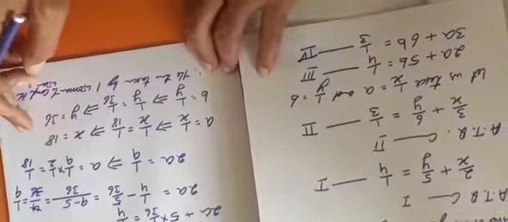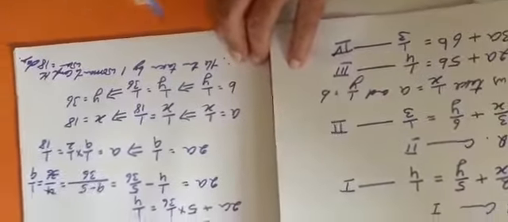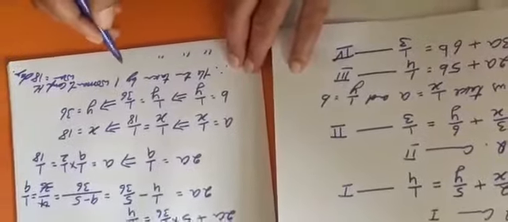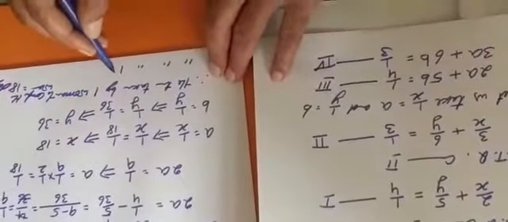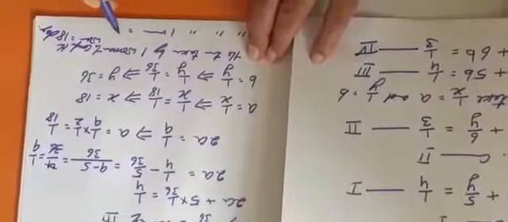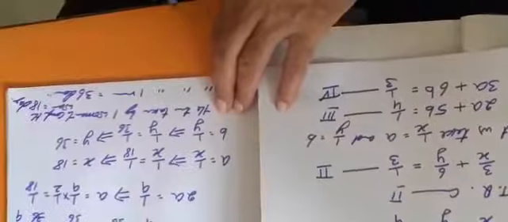X is this, 18 days, and the time taken by one man, this is y, so 36 days. Thank you.